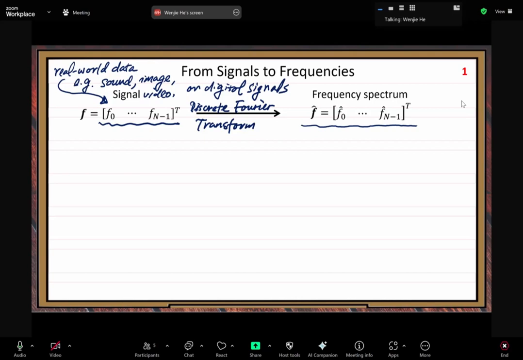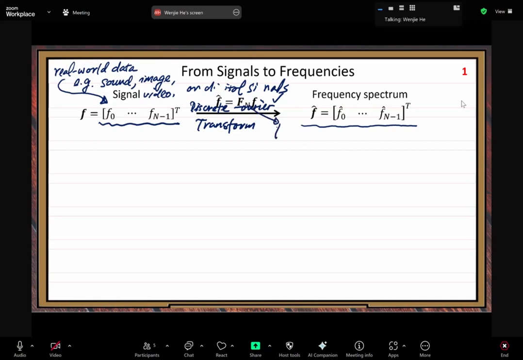Because we go from the time domain or spatial domain to the frequency domain. So the operation is this matrix multiplication. That Fn matrix is a big matrix.